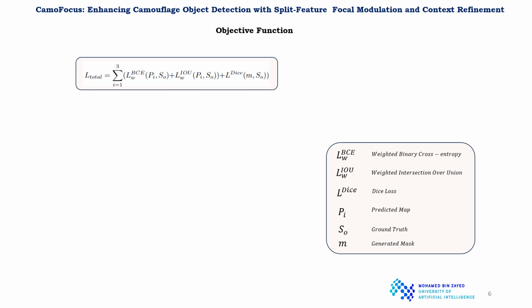Binary cross entropy facilitates pixel-wise classification, while the intersection over union component is pivotal in preserving the structure of the predicted map relative to the ground truth. By introducing a weighting factor to these losses, it enhances their efficacy by assigning varied weights to the class regions based on their significance. Similarly, dice loss is used to supervise the mask with respect to the ground truth.